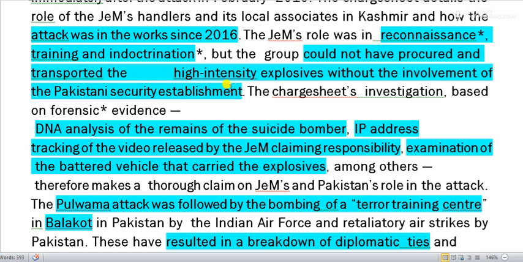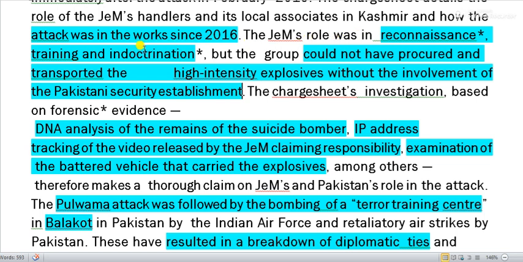Okay. This means that the charge sheet explains further that JEM had a role in reconnaissance, in making a survey as to where the attack on the CRPF convoy would be suitable.